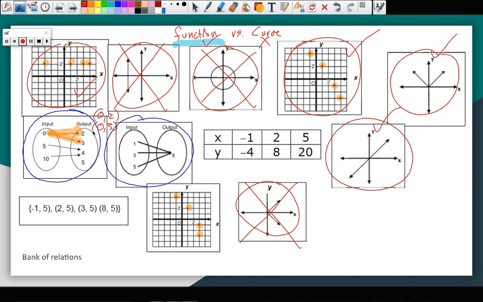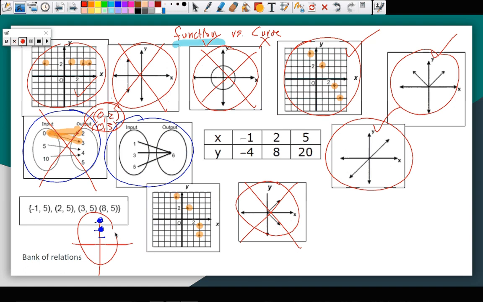Back in Algebra 1, if you graphed (0, 2), you would put a dot right here, and if you graphed (0, 3), you would put a dot right above it. Already, with just those 2 points, is it a function? No, because it fails the vertical line test. So if you need to do these little doodles, do it. It'll help you easily determine whether it's a function or not.